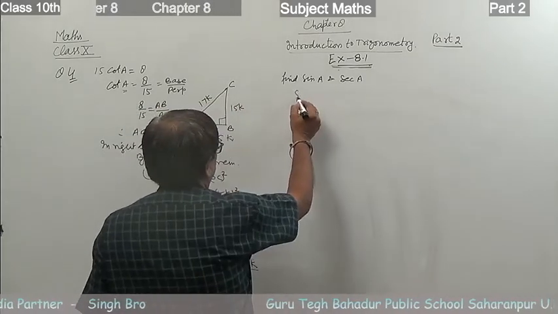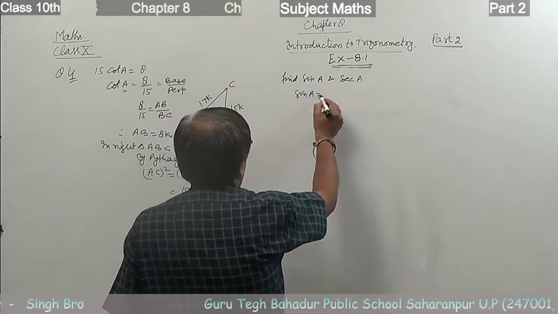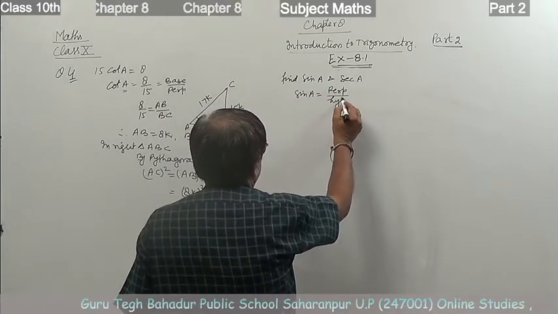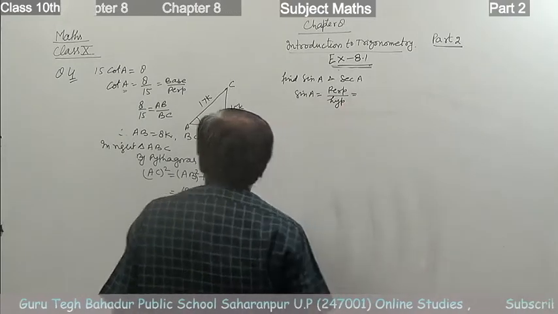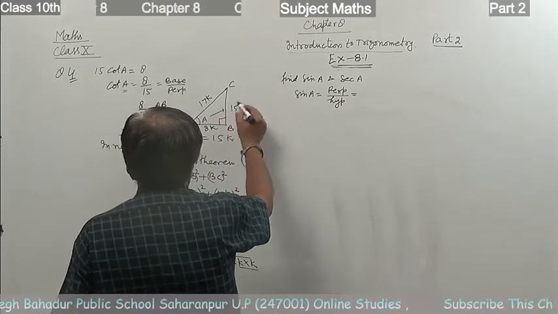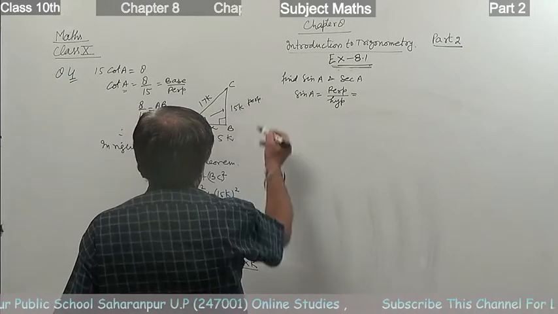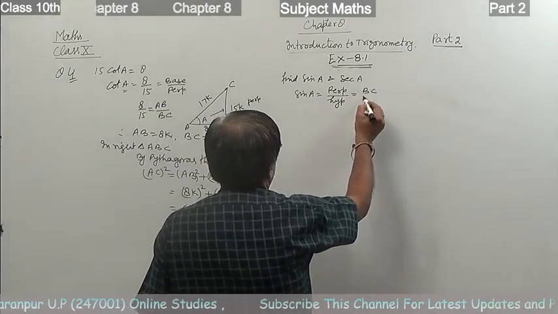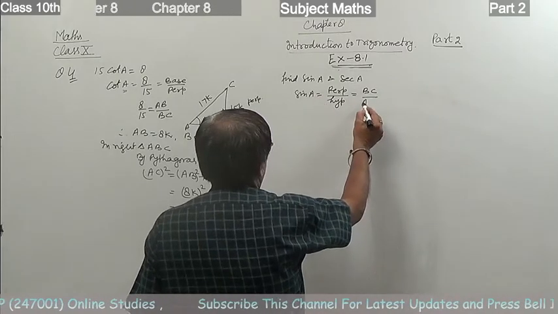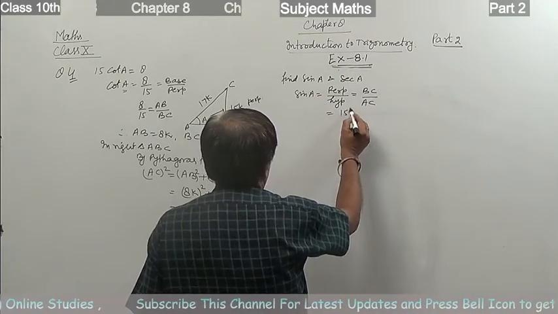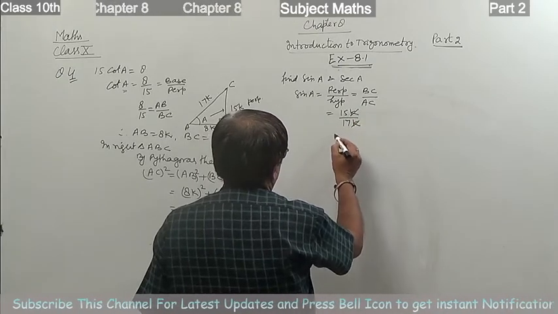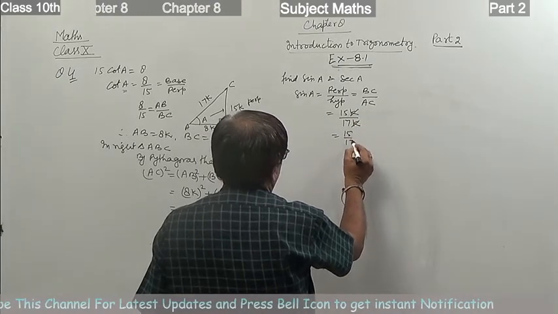Sin A, that is perpendicular upon hypotenuse. For angle A, this is perpendicular. So it is BC, hypotenuse is AC, so it is 15K upon 17K, K and K cancel, 15 upon 17.